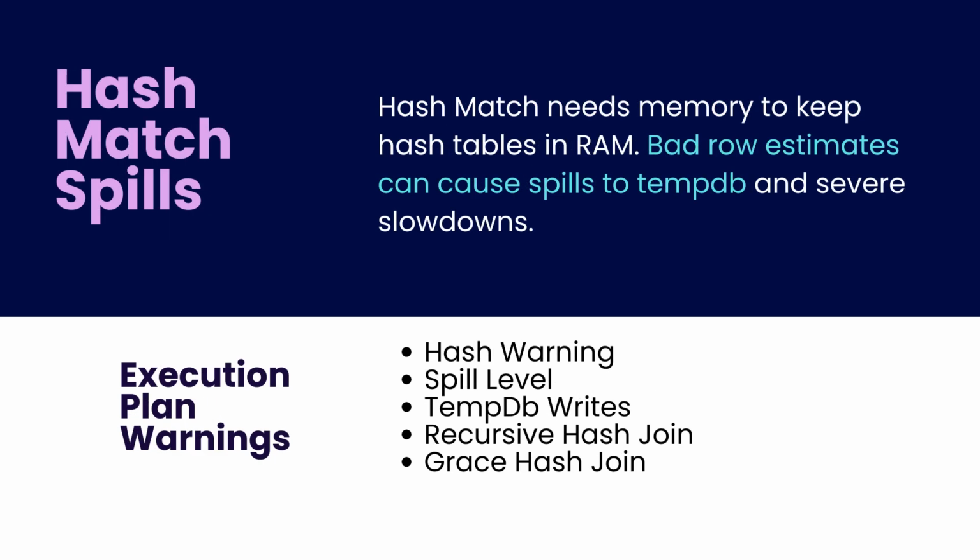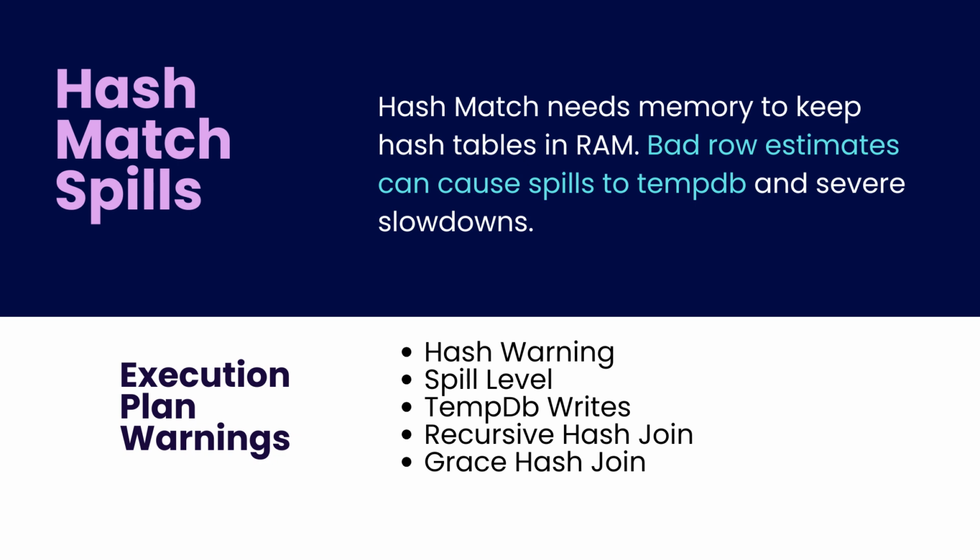This is where hash match becomes dangerous. Hash match needs memory, potentially a lot of memory. And when SQL Server underestimates row counts, the hash table no longer fits in RAM. That's when spills begin. Look for these execution plan warnings. Those warnings mean SQL Server started writing hash data to disk, and disk is dramatically slower than memory.